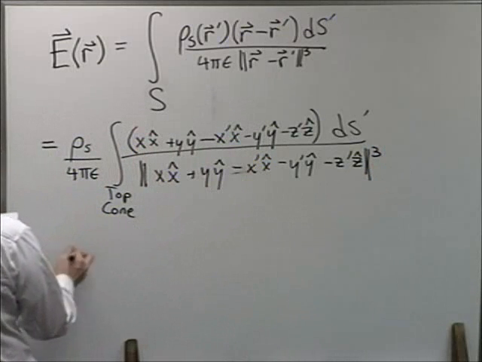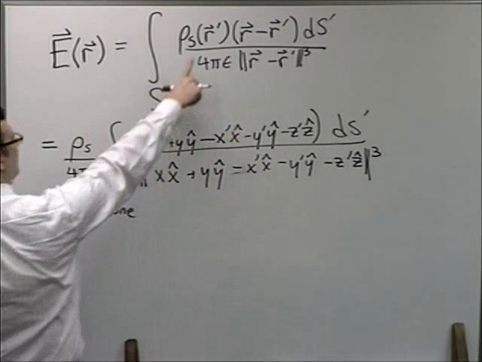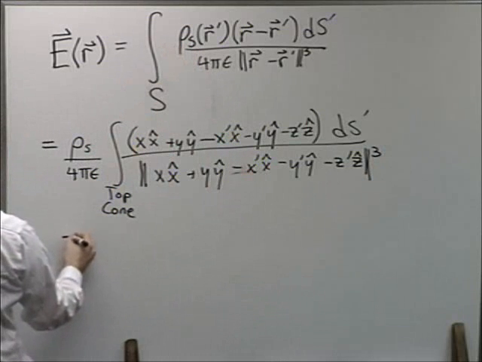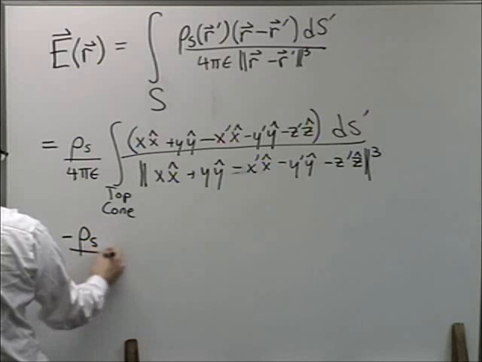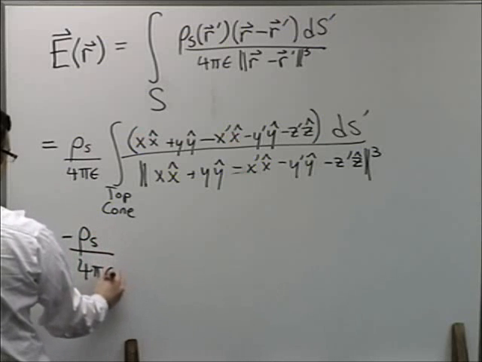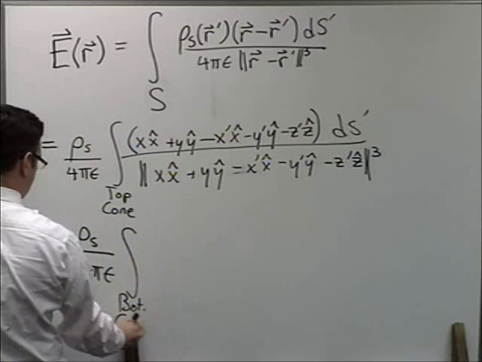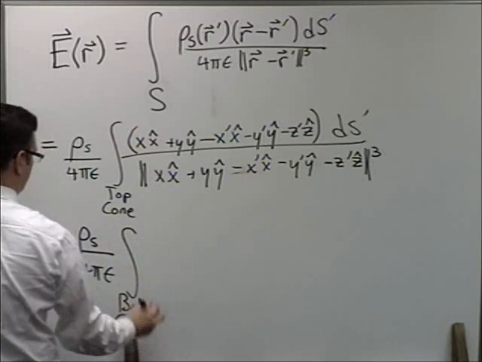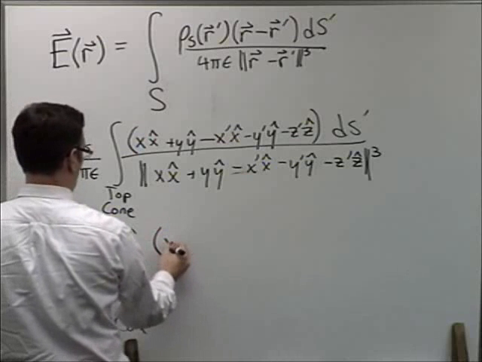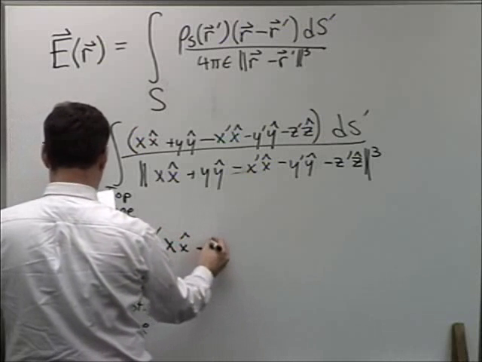Now I need a bottom cone, and that's going to look very similar, but remember this changes sign, so I'm going to have a minus rho sub s over 4 pi epsilon, bottom cone, and otherwise a very similar looking formula.